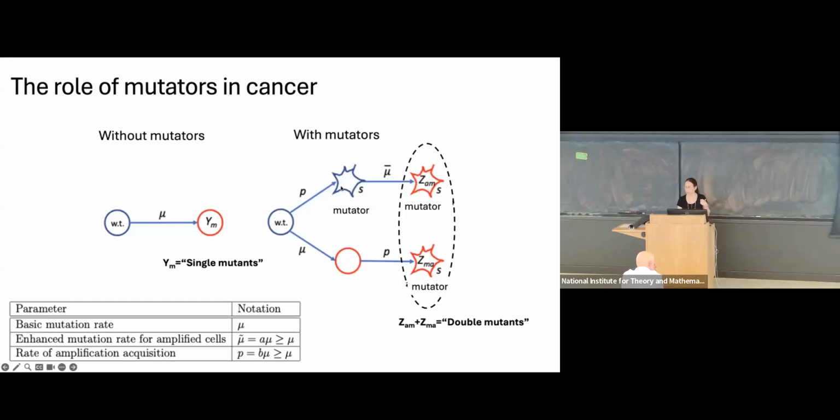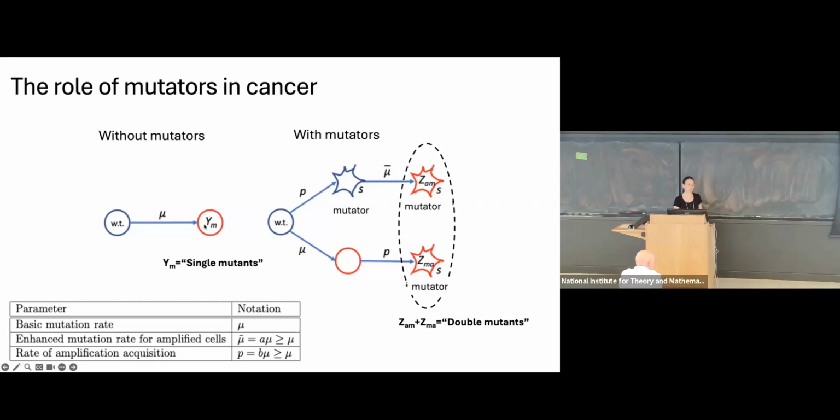So this cell mutates faster. So this cell will produce those red mutants at a higher rate. So you can either go directly and mutate, or you can first become a mutator and then create the target mutant. So is this a viable pathway that can even be observed?